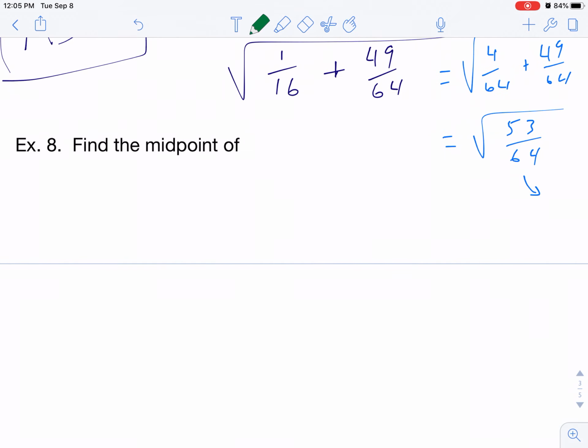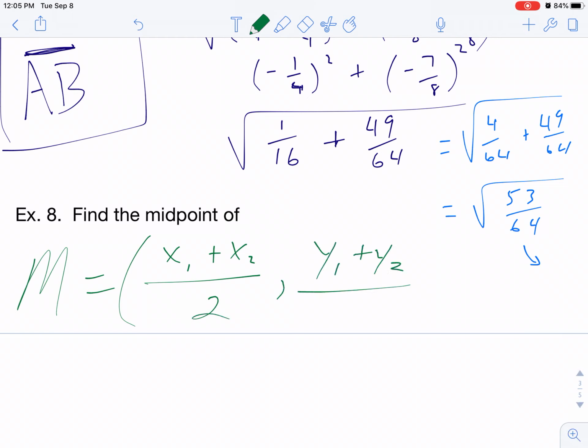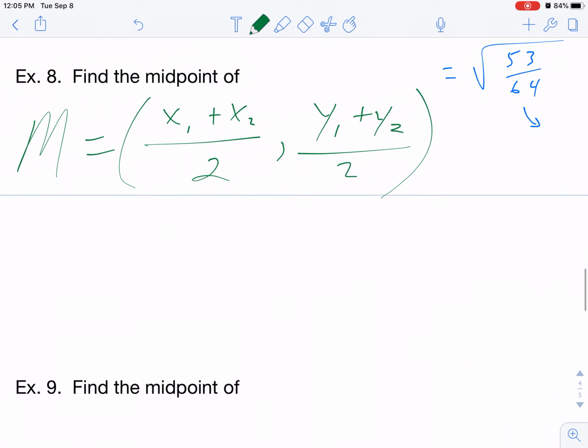The last little thing here is a midpoint formula. A midpoint formula may look worse, but it's actually easier. The midpoint formula looks like this: x1 plus x2 over 2, comma, y1 plus y2 over 2. So let's find the midpoint. Let's say I give you point B, I'll just make these up, (2, -7), and point C, let's say, is (-8, 1).